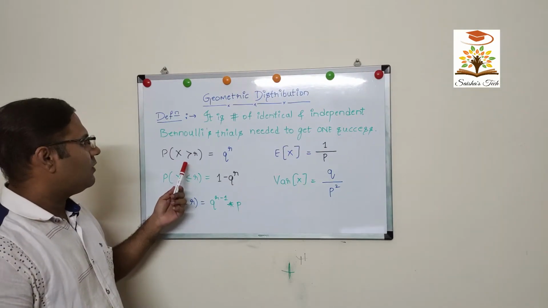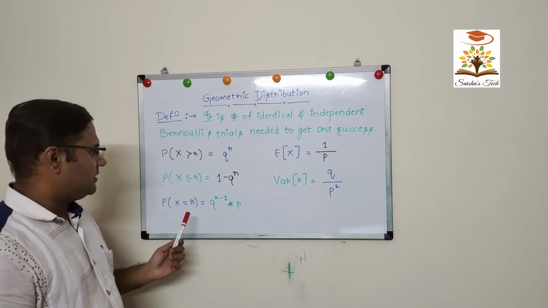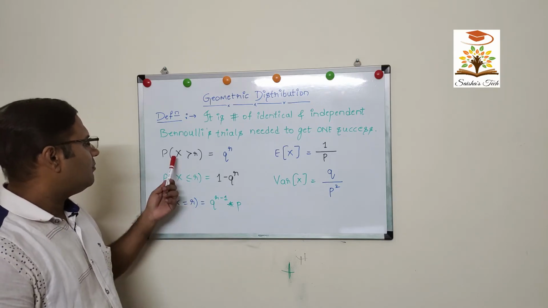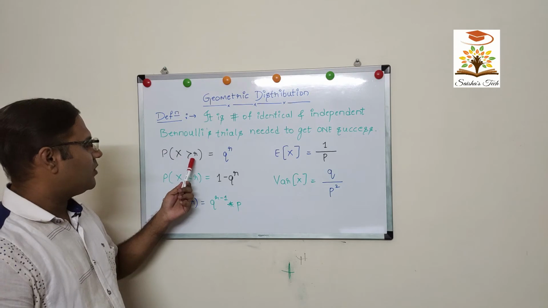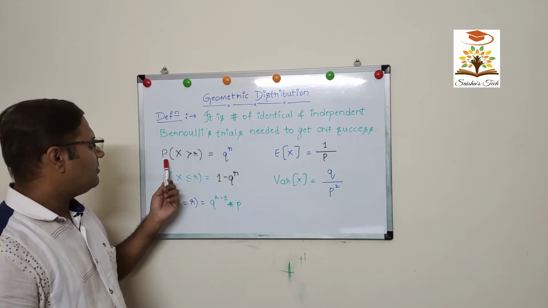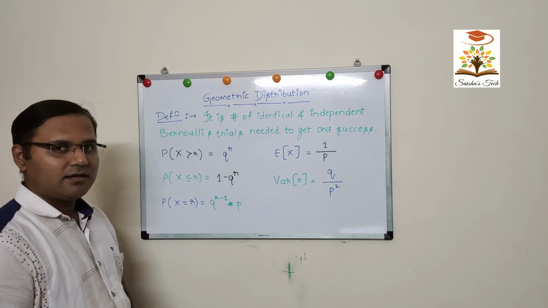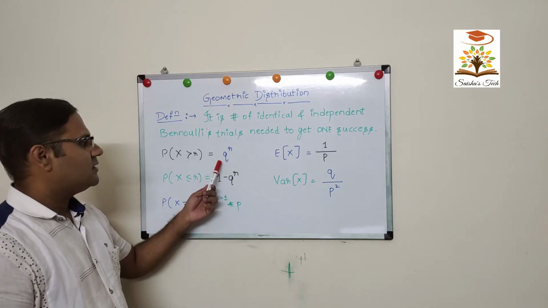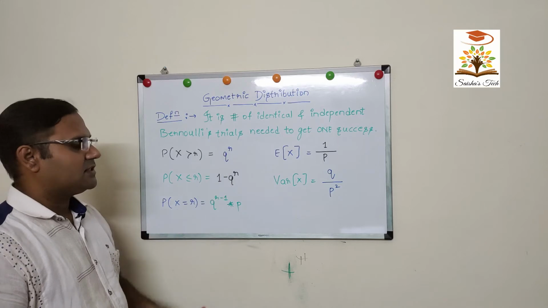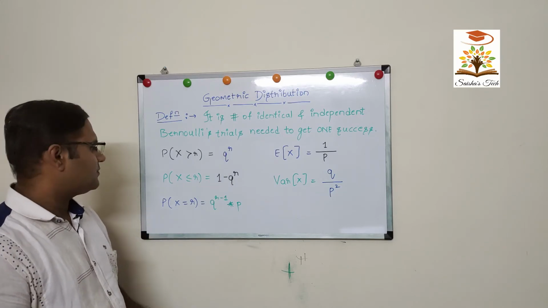The probability of geometric distribution has three conditions. If the number of attempts are greater than the number of trials, then the probability density function for geometric distribution would be q raised to r, where q represents the probability of failure and r represents the number of trials.